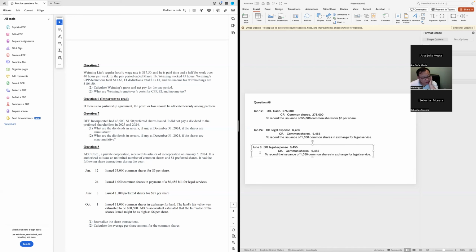Issued 1,100 preferred shares for $25 per share. This time it is not common shares, it's preferred shares for $25 per share. So what should I debit? What should I credit?